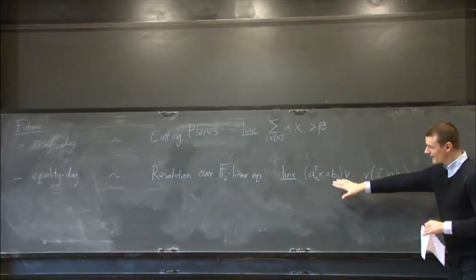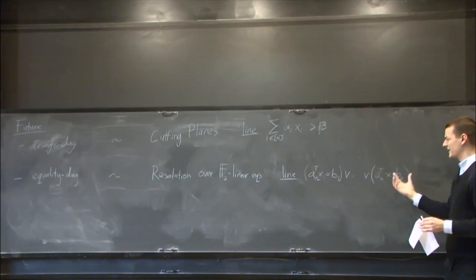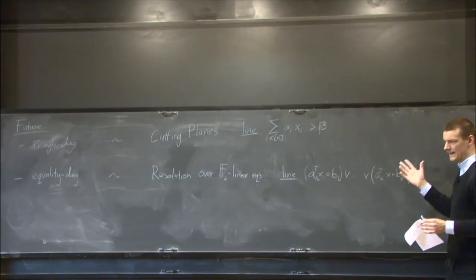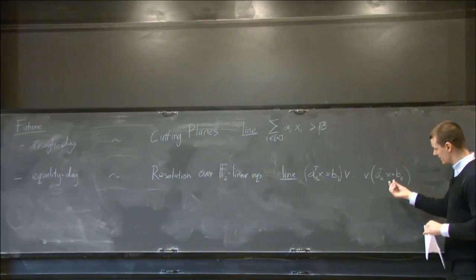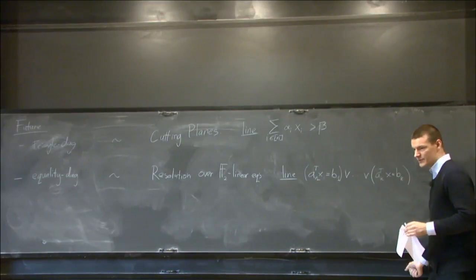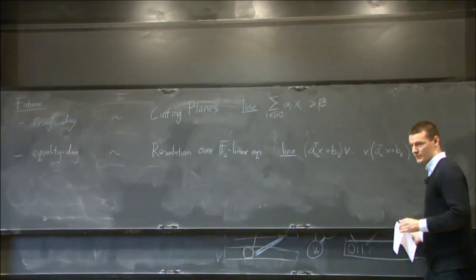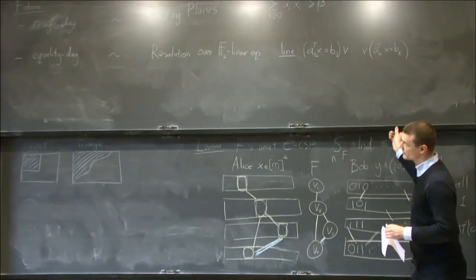However, if I allow lines that have close to, at a maximum, n linearly independent equations, then you can't simulate them anymore by deterministic protocols. So you get a model that's more powerful than what we know to prove lower bounds.